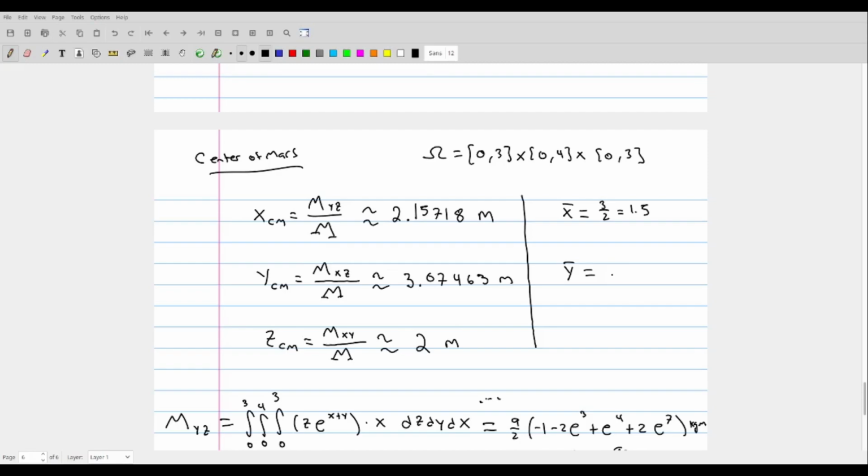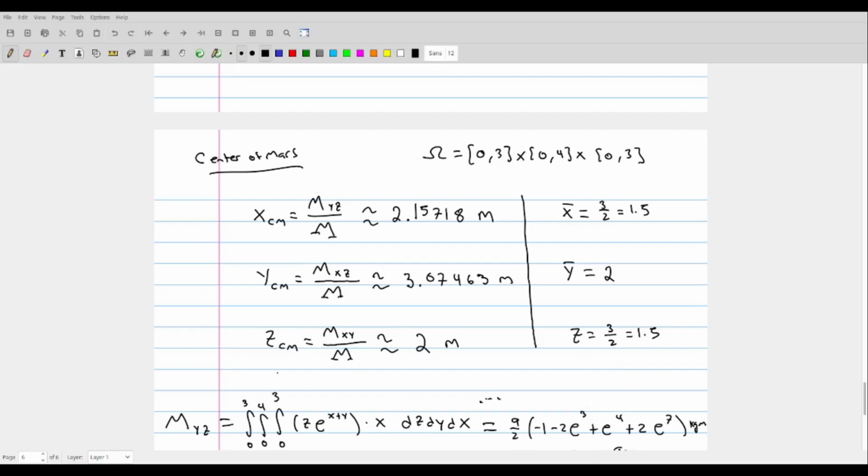The y-coordinate of the centroid is going to be 2. And the z-coordinate of the centroid is also going to be 3/2, or 1.5. So you see very clearly that the center of mass is being shifted to the right along x, shifted in the positive y direction, and shifted up along the z direction, into the positive z direction, because the distribution of mass is more heavily weighted towards the upper corner of our object. You'll remember that from the picture that we showed earlier.